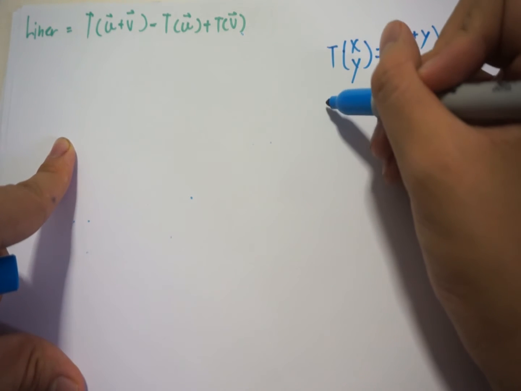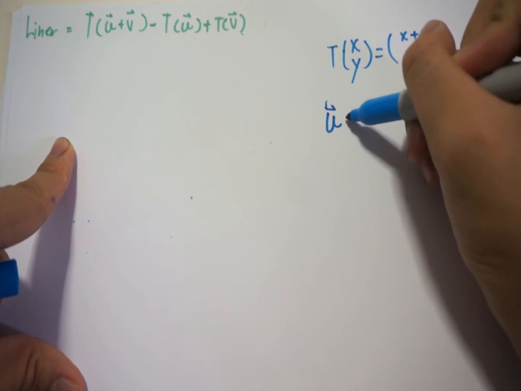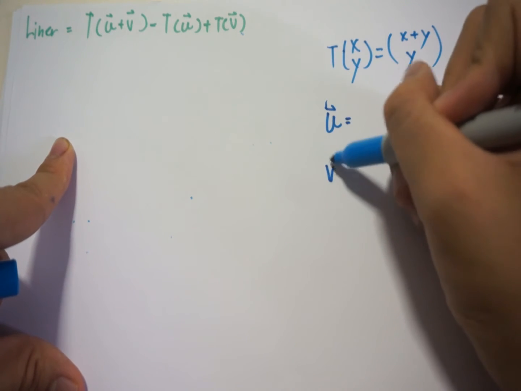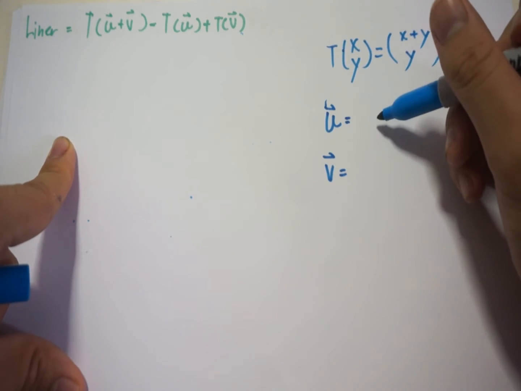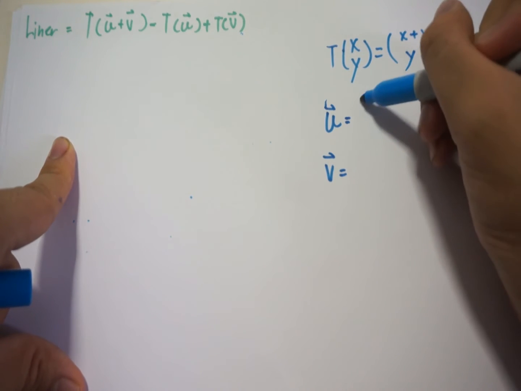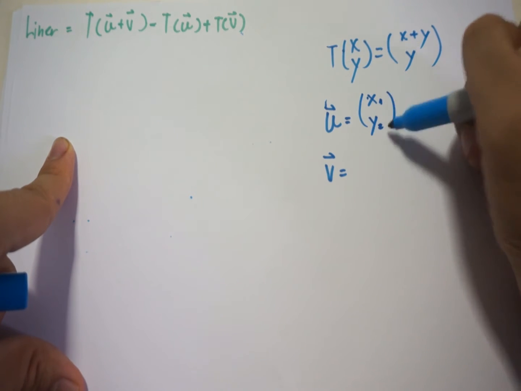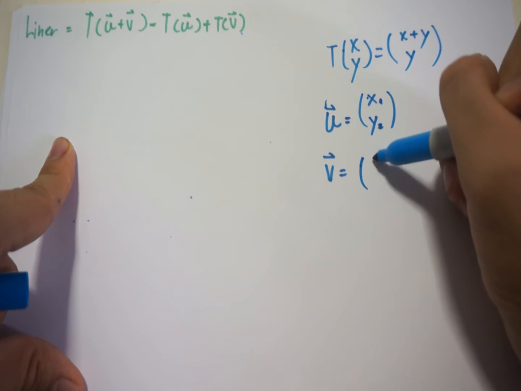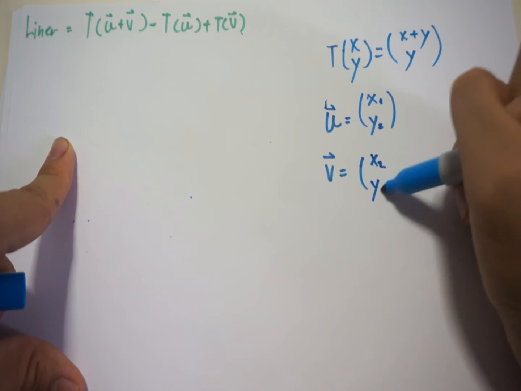Okay, and then we're going to say u is something and then v is something. I'm going to use the general form of u and v, which both of them would be x and y. This is the general form. This means any number can replace this and the equation still holds true.